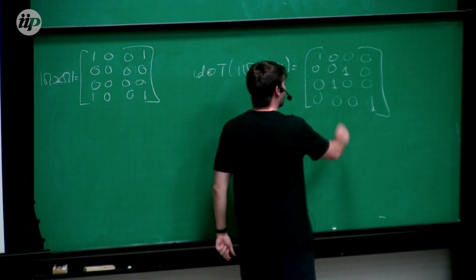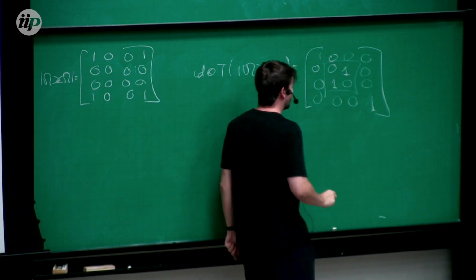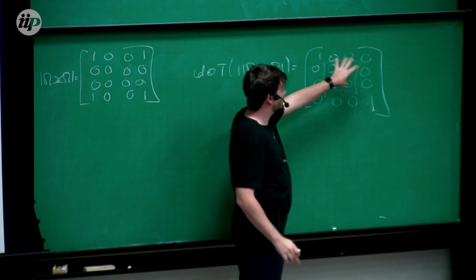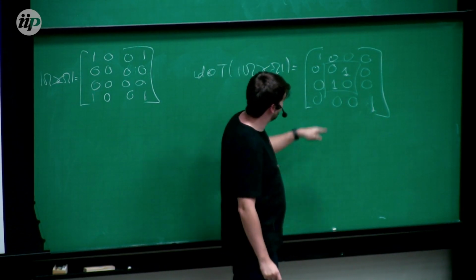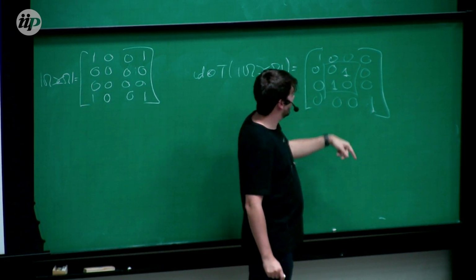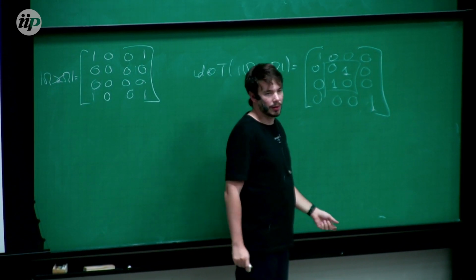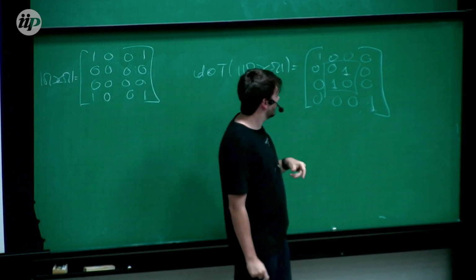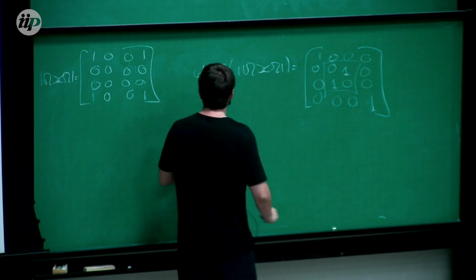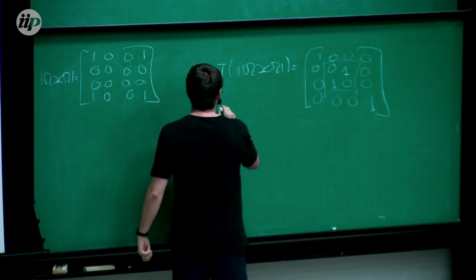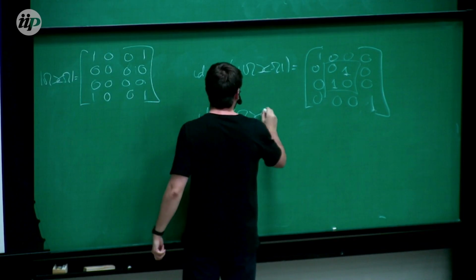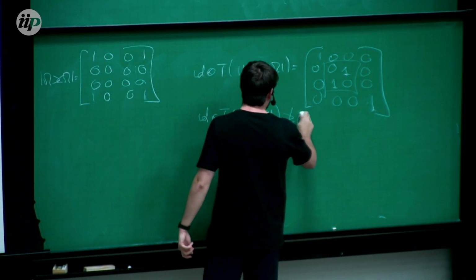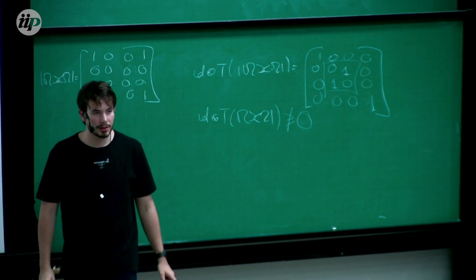Because this part over here is like a Pauli X. If you have a positive matrix, every submatrix also has to be positive, and clearly this matrix has an eigenvalue -1, like the minus state. So if we apply the partial transpose to the maximally entangled state, it is not positive anymore.